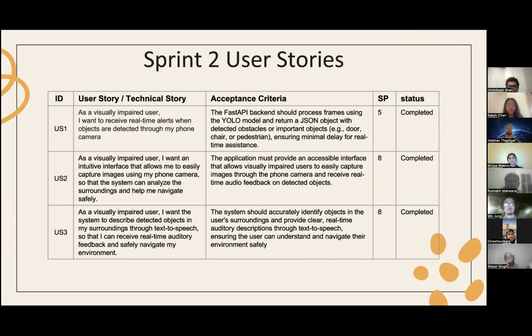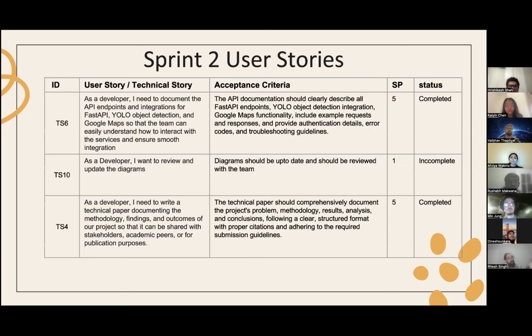We wanted the interface to be captured in our front end, and the story point for this use case was 8. Next slide. The next user story for this sprint was text to speech and integrating the navigation. The story point for this use case was 8.